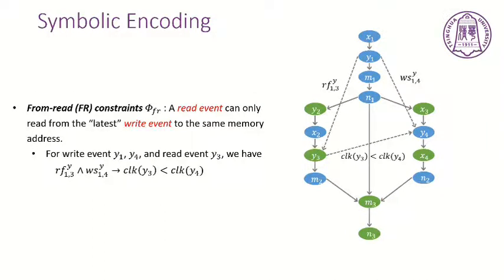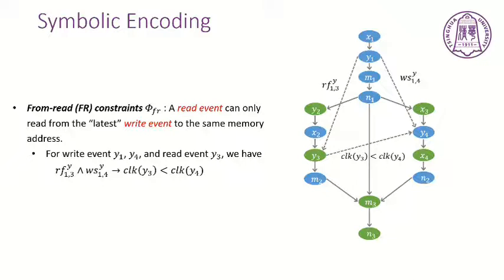Moreover, a read event can only read from the latest write event to the same memory address. Here we use the write events y1, y4, and the read event y3 as an example. If y3 reads from y1, there is a read from constraint from y1 to y3. And if y4 overwrites y1, there is a WS constraint from y1 to y4.